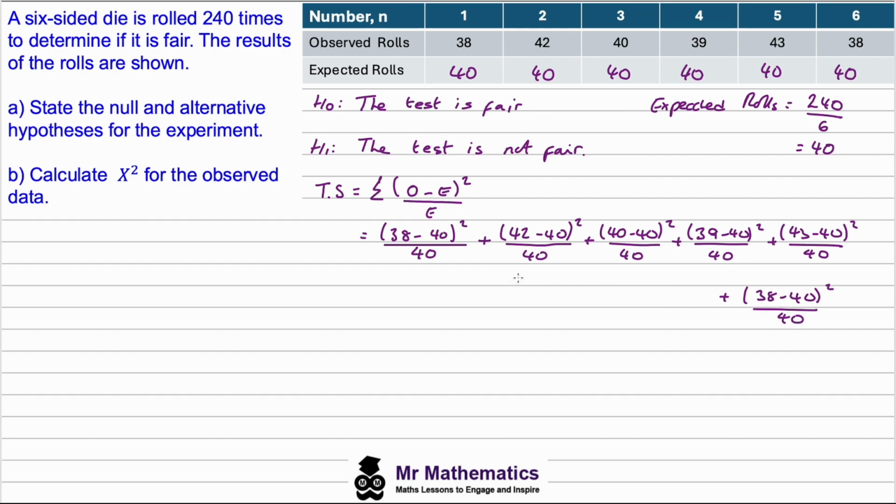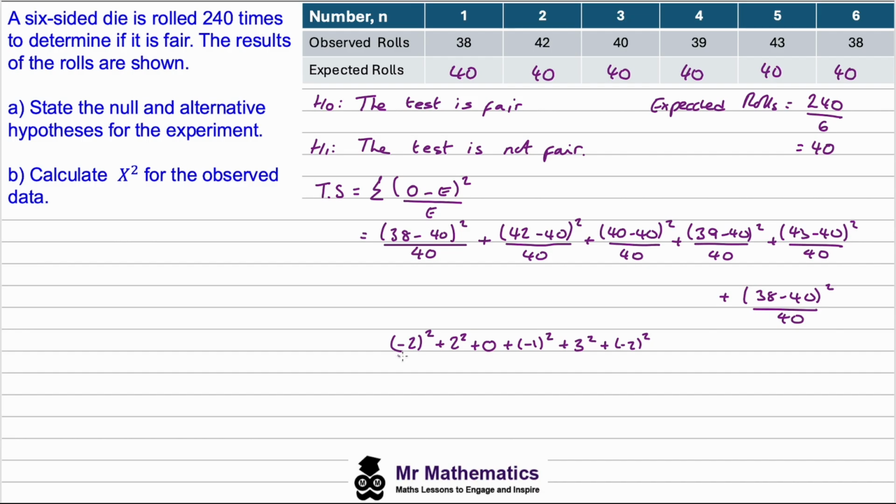So now, when we add all of these together, because we've got a common denominator of 40, we just need to work out our numerators. So we've got negative 2 squared when n is 1, positive 2 squared when n is 2, 0 squared, so 0, for number 3, negative 1 squared when n is 4, positive 3 squared when n is 5, and negative 2 squared when n is 6.